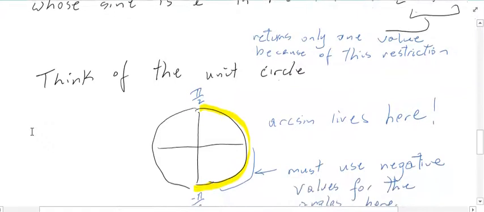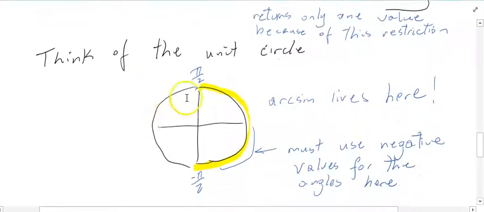If we think of the unit circle in this situation, notice here, -pi/2 to pi/2 will be in quadrant 4 and quadrant 1. Arc sine of the angle will live right here in this labeled region, quadrant 1 and quadrant 4.